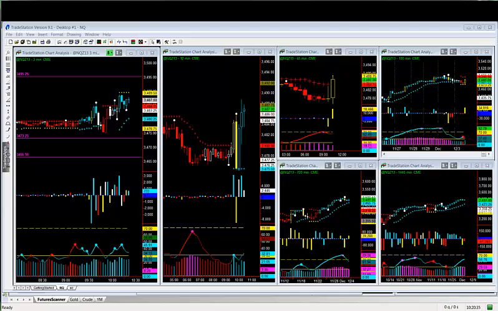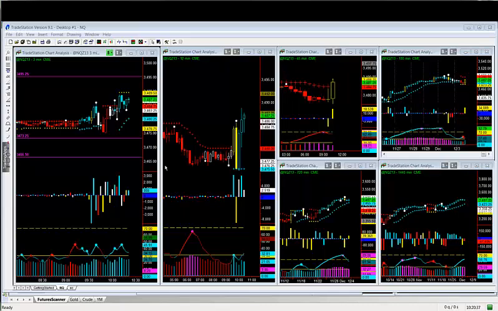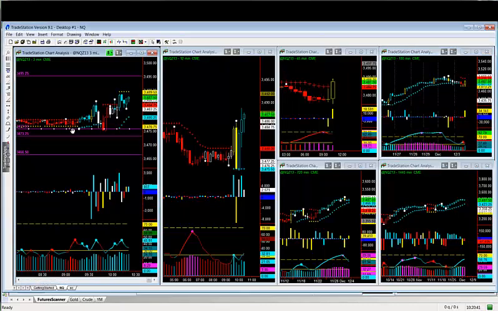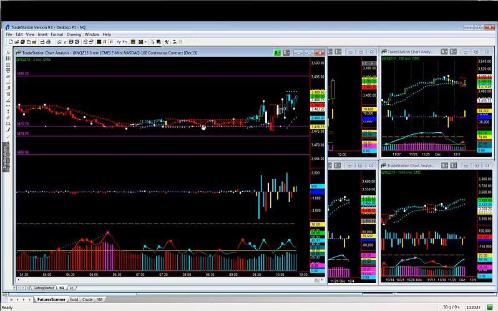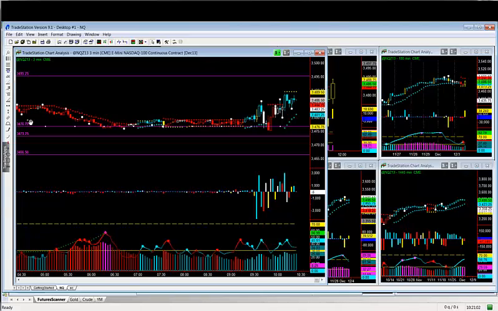Now, if you had the tools after I sent out those key levels, you would have seen that there was support for price right at this area, 34.76.75. And you had to have the indicators to actually know that that was there.